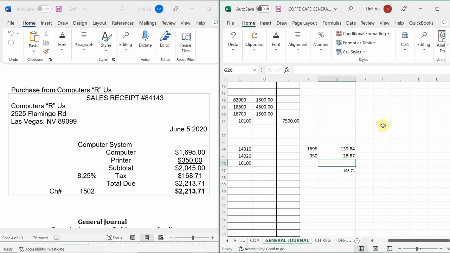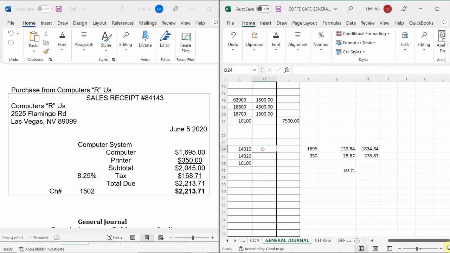So now I need to equal up my grand totals. What is 1695 plus that 139.84? That's going to give me $1,834.84. And then what is 350 plus $28.87? That's going to give you $378.87.